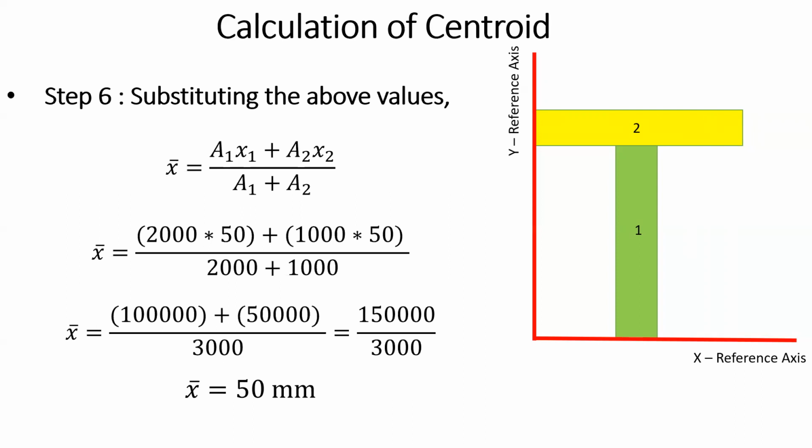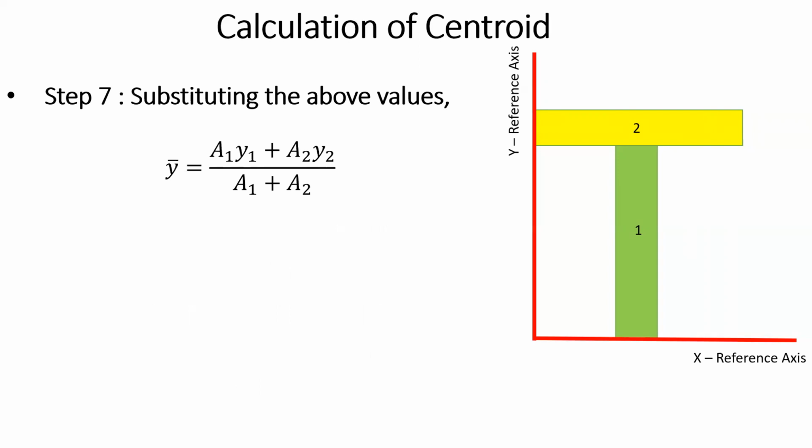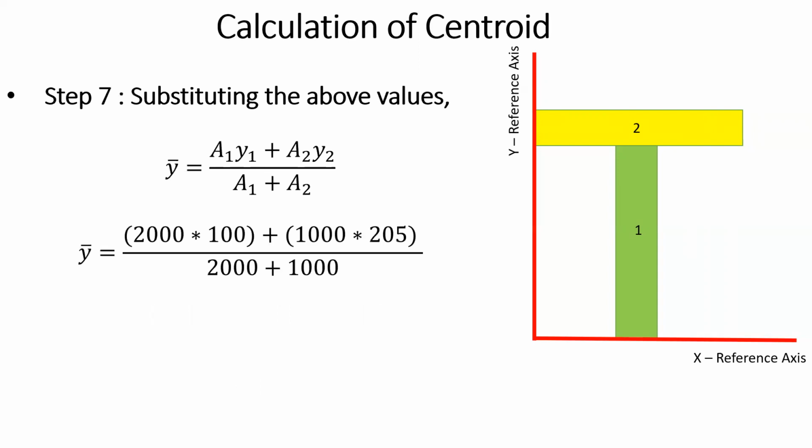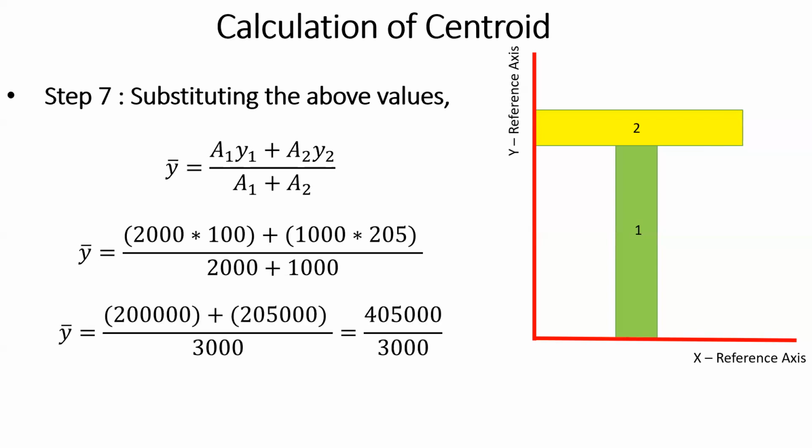That means the centroid for the entire T section lies at a distance of 50 mm from the y reference axis. Similarly, you substitute the values for y bar. We have a1 as 2000, y1 as 100, a2 as 1000, and y2 as 205. You just do the math, and simplification will give you the value of y bar as 135 mm, which means the centroid of the entire T cross section lies at a distance of 135 mm from the x reference axis.